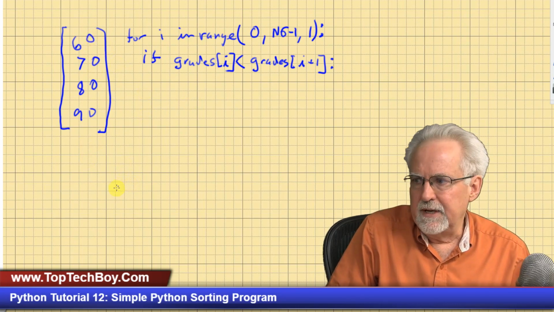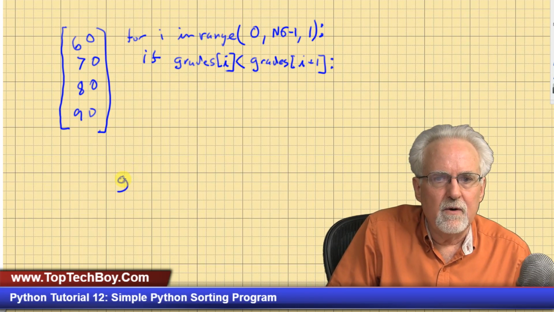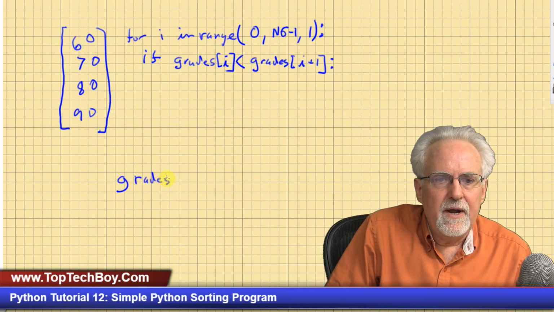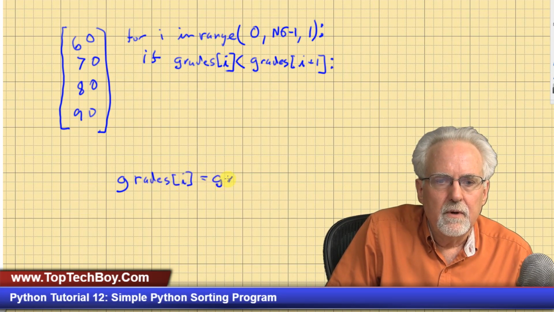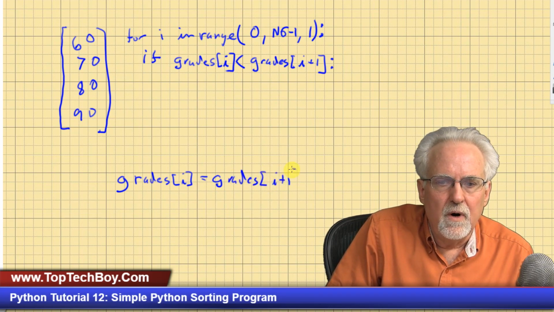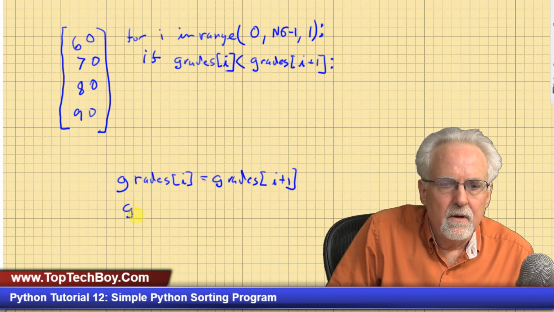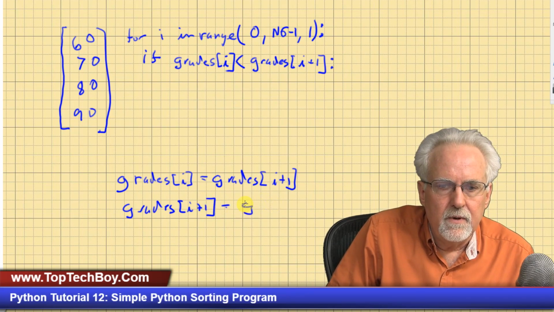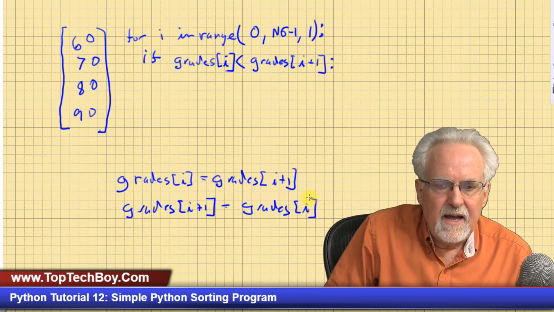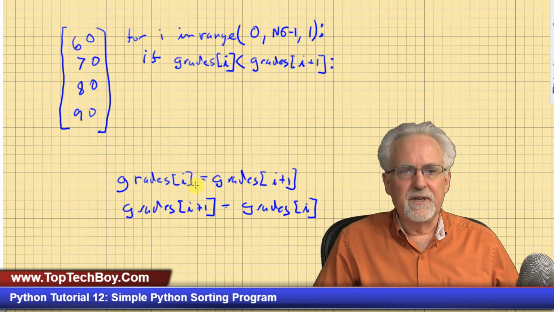Now what you would probably think down here is, well, inside this if statement, I would want to say grades of I is equal to grades of I plus 1, and then grades of I plus 1 is equal to grades of I. And so this is kind of like how you would usually think about it.